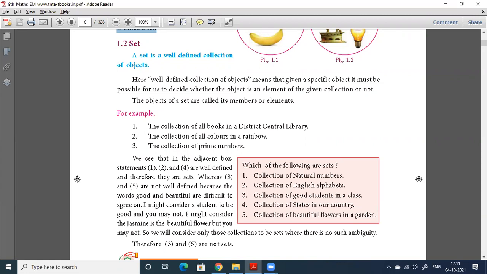Here, well-defined collection of objects means that given a specific object, it must be possible for us to decide whether the object is an element of the given collection or not. That is the meaning of well-defined. You must be able to pick an object and immediately say whether it belongs to the set of objects or not.